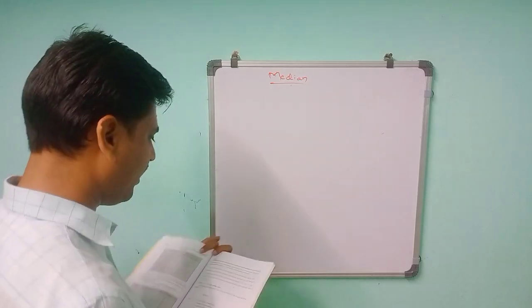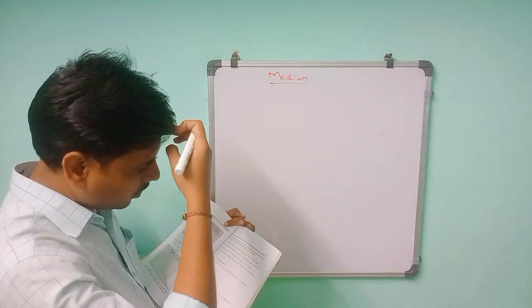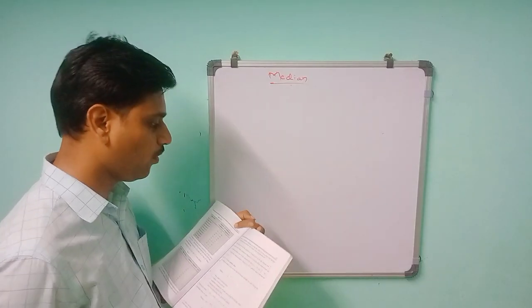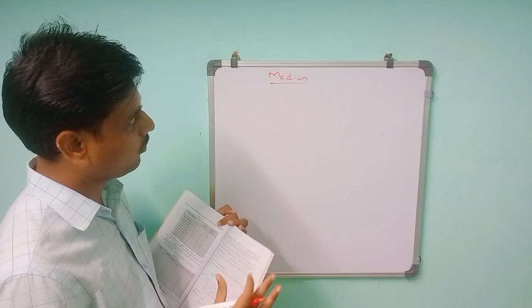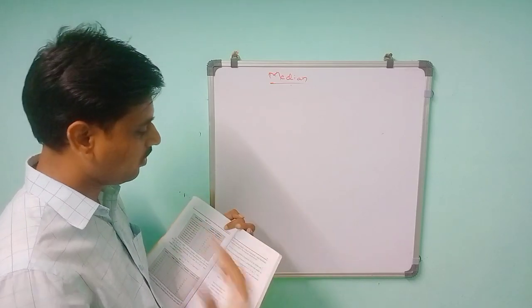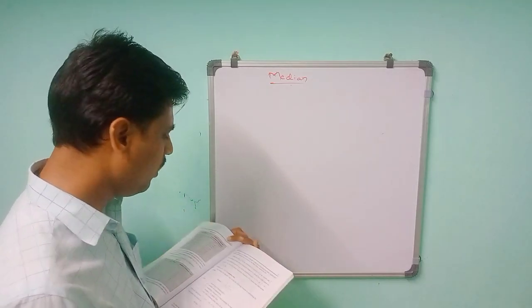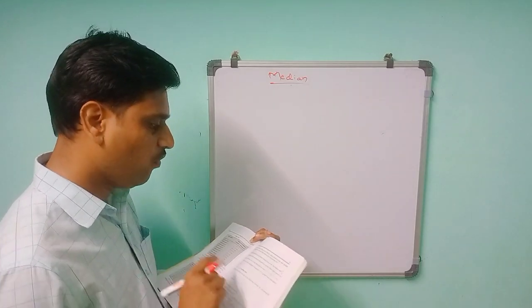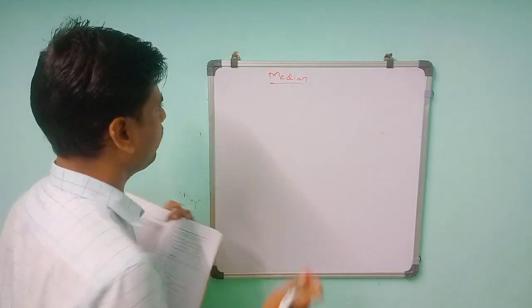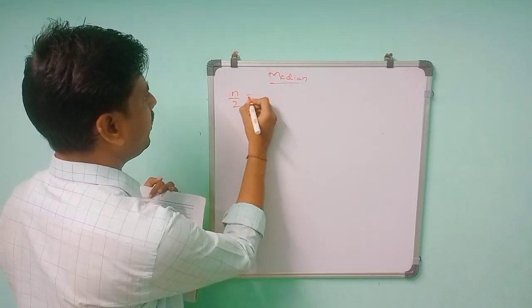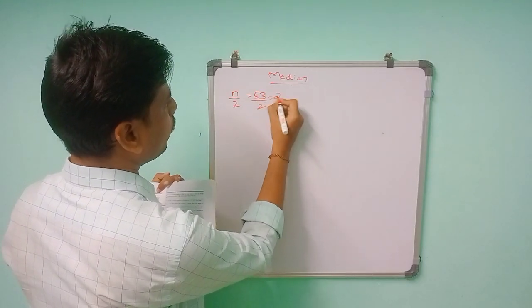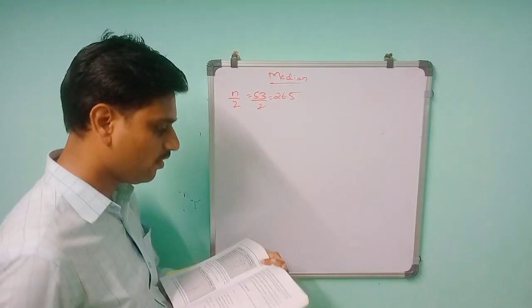To find the median class, we find the class that divides the whole distribution into two halves, because the median is nothing but the middle observation. From the given number of students and cumulative frequency, we first find n by 2. Here n is 53, so 53 by 2 will give you 26.5. So you got the value 26.5.